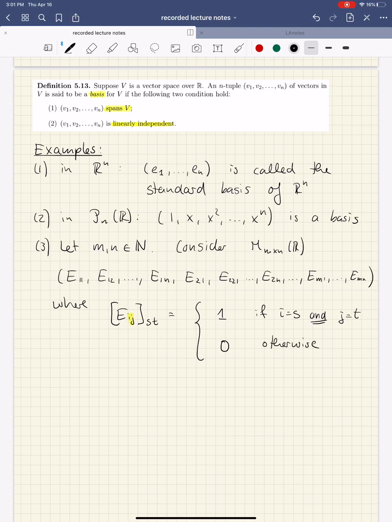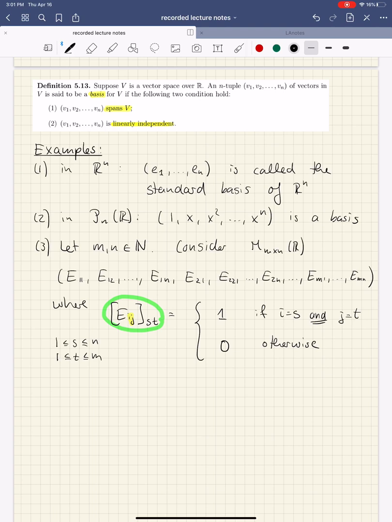So I hope that this notation here is known by everyone. What I do mean here is the st entry of the matrix Eij. And in this case, we have that s runs through 1 to n and t runs through 1 to m.